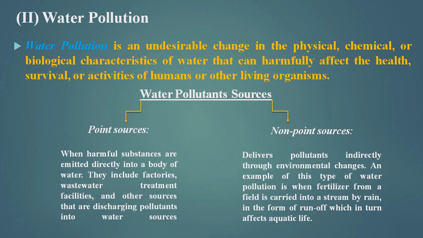An example is when fertilizer from a field is carried into a stream by rain as runoff, which affects aquatic life and distributes many organic pollutants in the water that affect fish, humans and many other living things in the water body.